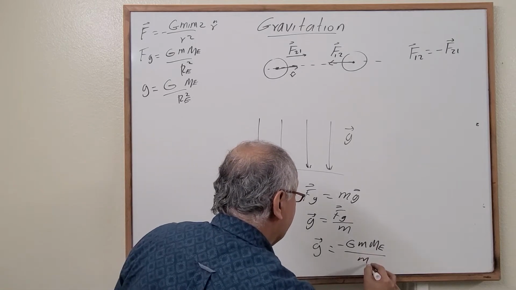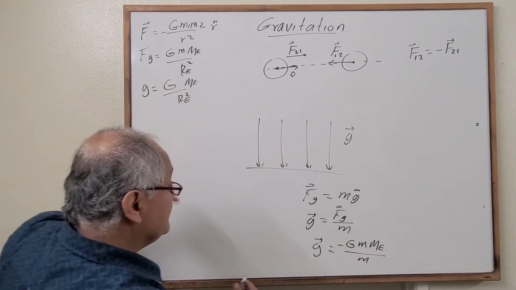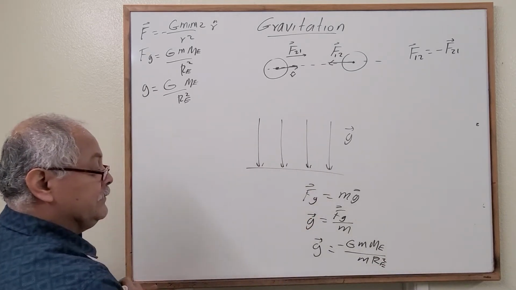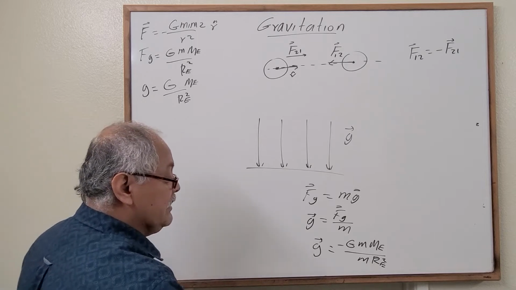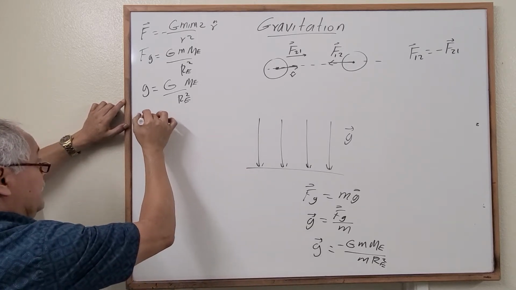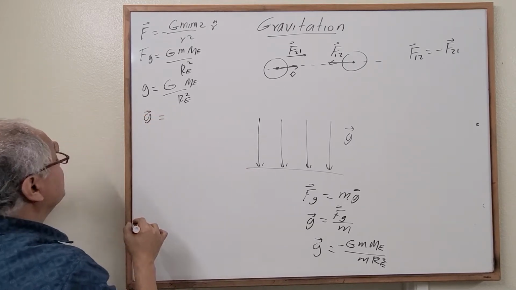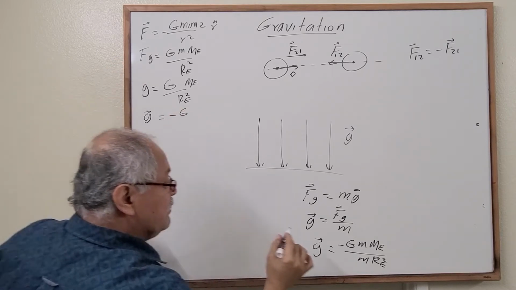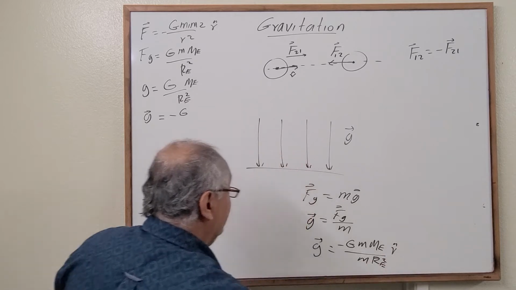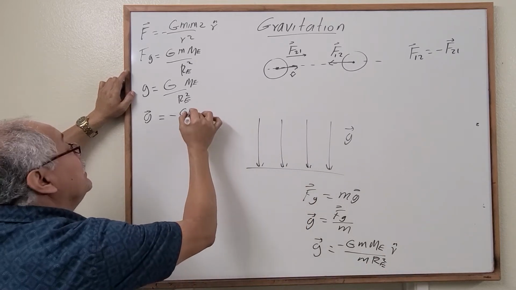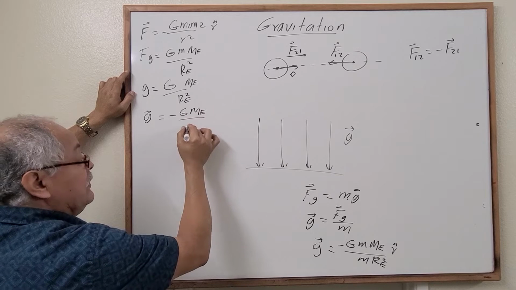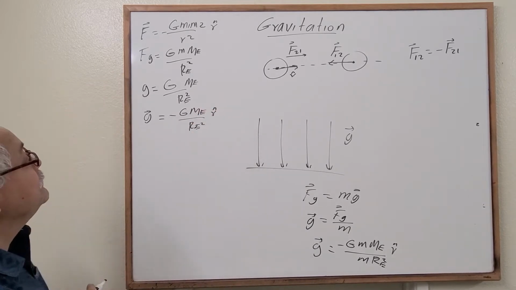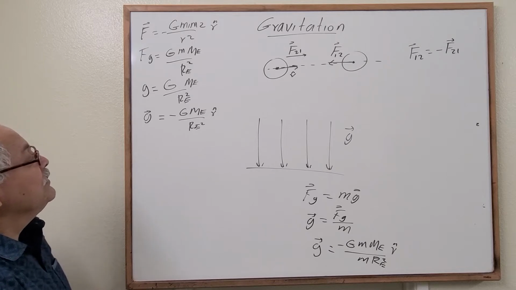It's found that the gravitational field is equal to negative g, in the same direction as before, G times mass of the Earth divided by radius of the Earth squared, in that direction. Correct?